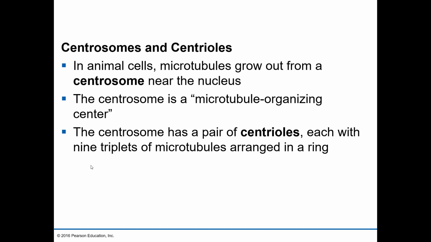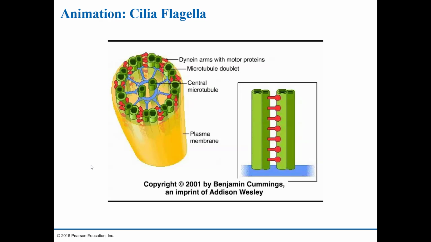The centrosome is like the microtubule organizing center, and it has a pair of centrioles, each with 9 triplets of microtubules arranged in a ring. That part I don't really necessarily care so much that you know, but this is what it looks like here.